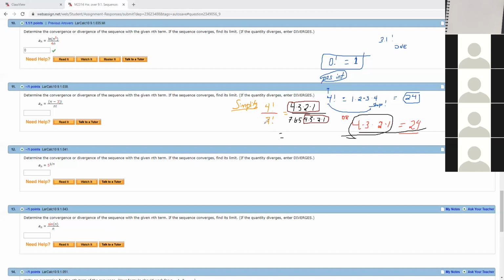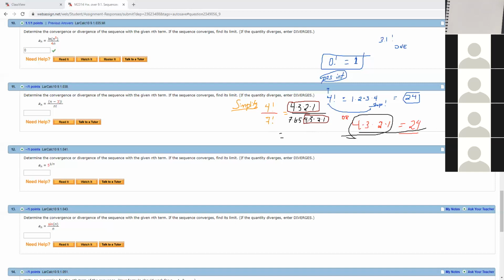By the way, these could be switched around. It wouldn't matter if 7 is on top or 4 is on the bottom. But because 7 is a bigger number, 7 times 6 times 5, eventually you're going to get to whatever the smaller one is on the other piece, top or bottom.